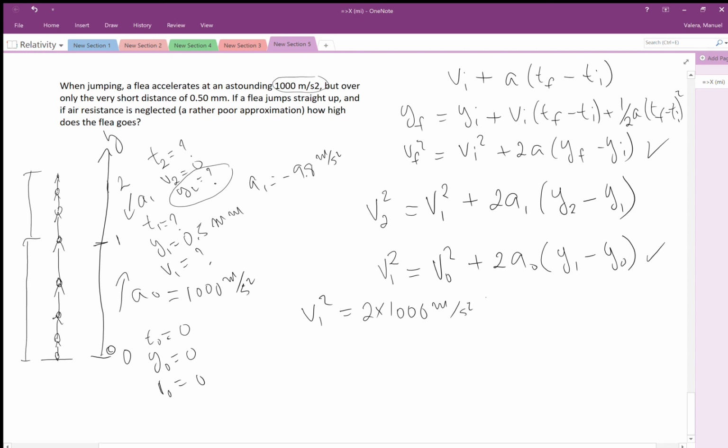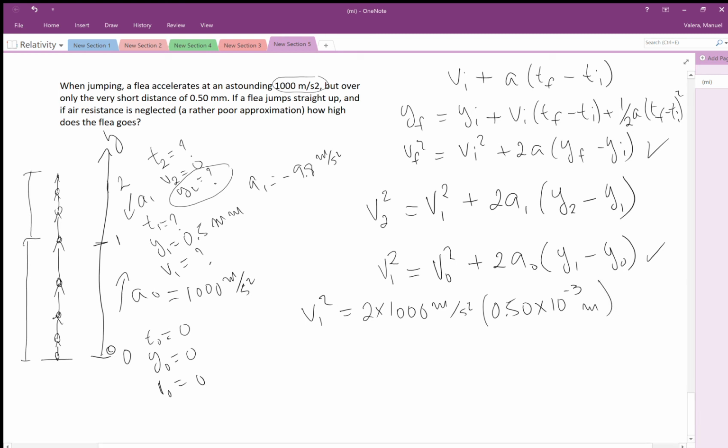And then I have y1 minus y0, which is the displacement, and I need to change this y1 to meters. So 1 millimeter is 10 to the minus 3 meters, so this will become 0.50 times 10 to the minus 3 meters. Then I can go ahead and solve for this here.